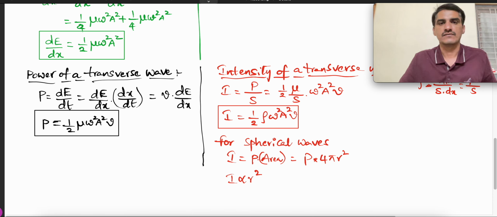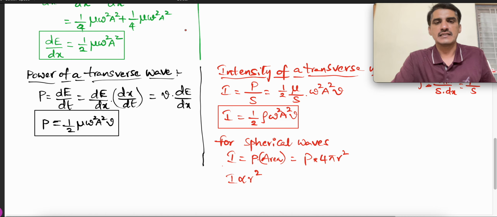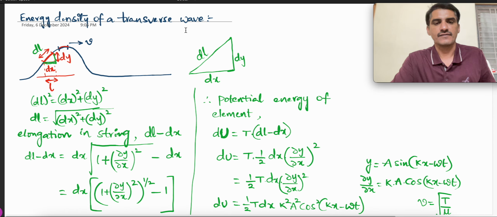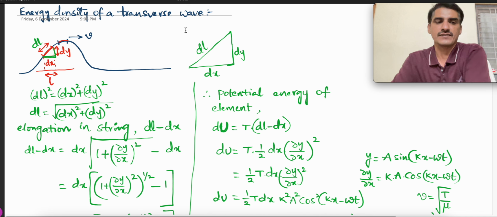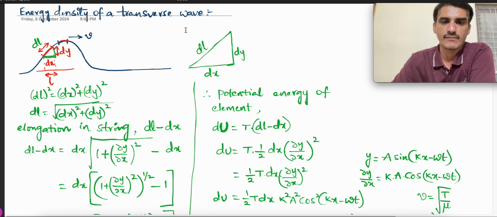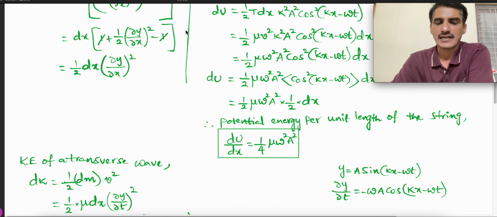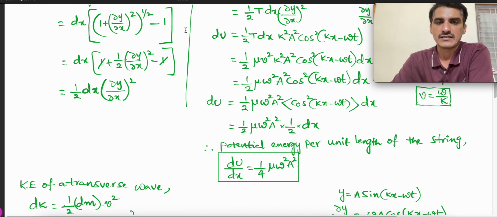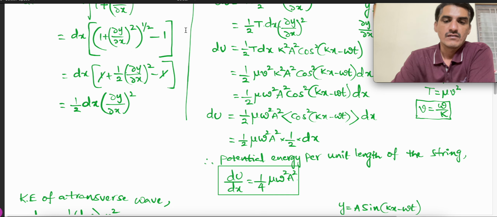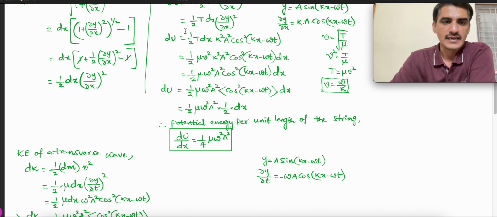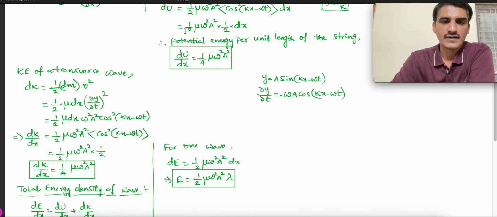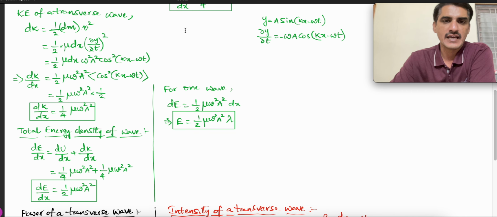So this is about energy density. Let us recap from the beginning. Energy density of a transverse wave: I explained potential energy per unit length, which is 1 by 4 mu omega square a square. Again I calculated kinetic energy of a transverse wave, dK by dx is equal to 1 by 4 mu omega square a square.